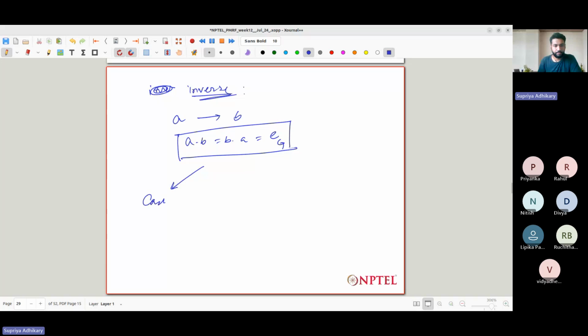Case one is that A and B are distinct, that is, given an element, its inverse is some other element. And case two is that A and B are equal, that is, the element is an inverse of itself. So there can be these two cases.